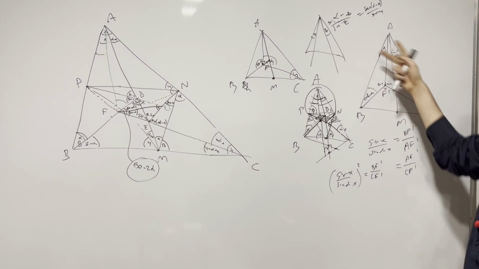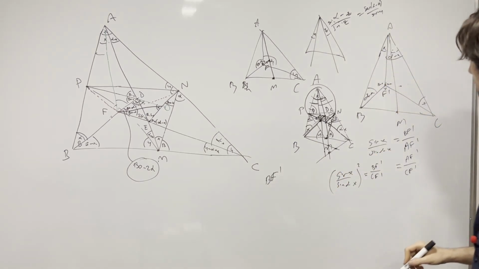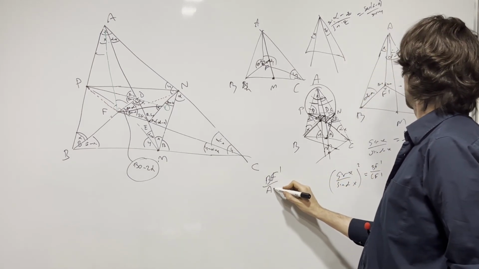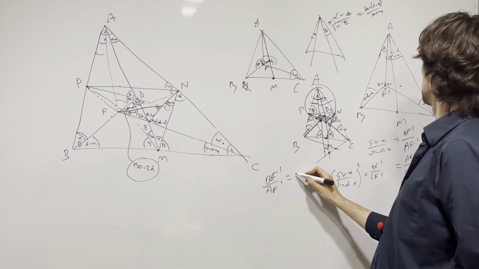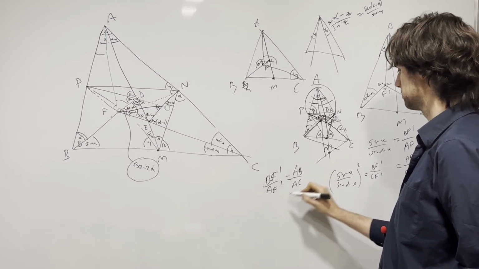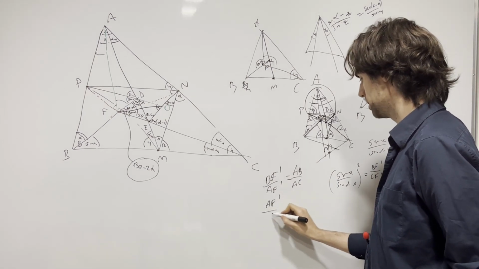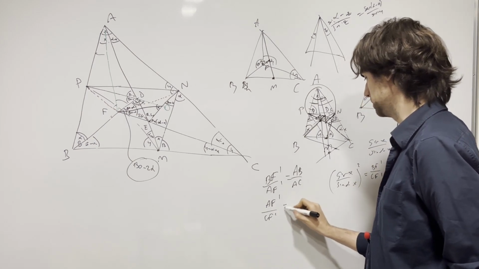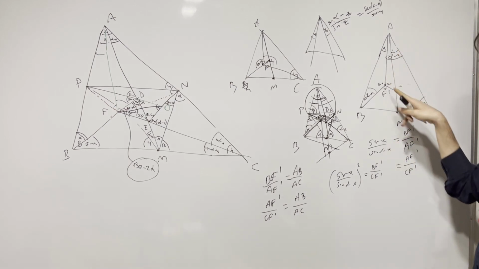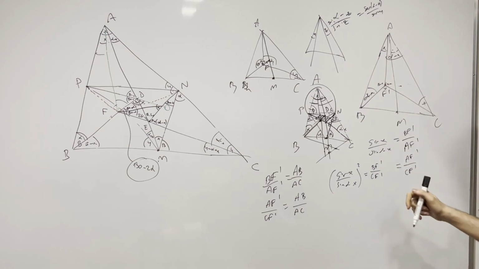And now can I get something from their similarity? What do I have from the similarity? I'll have that BF prime, that's opposite x, over AF prime is equal to AB over AC. And also, AF prime over CF prime, opposite alpha minus x again, is also equal to AB over AC.